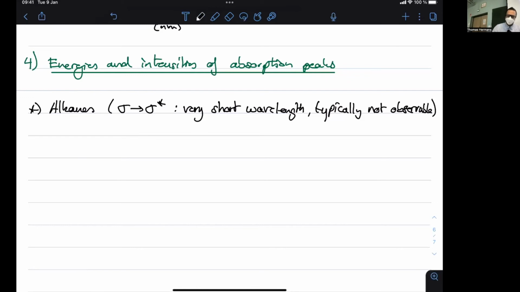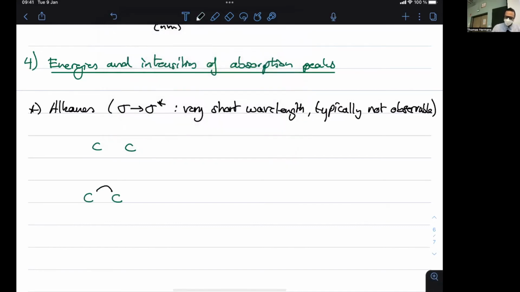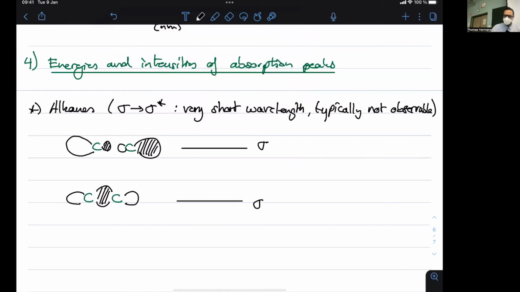Right? So if we just look at the orbitals, if we have a carbon-carbon bond, the ground state and the excited state, they're going to look something like that, and they will have some kind of energy levels. So this is sigma, sigma star.